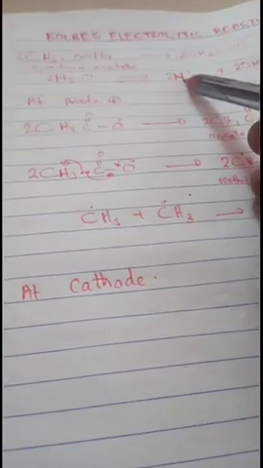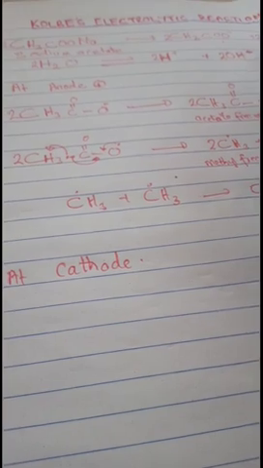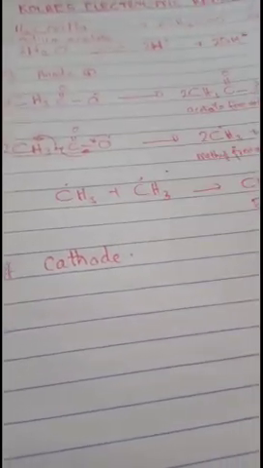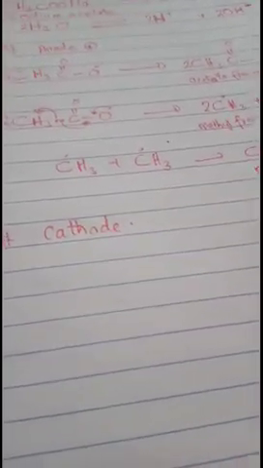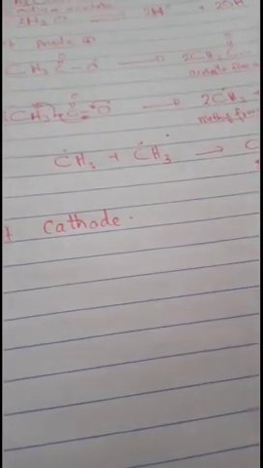Then at the cathode, hydrogen ion and sodium ion will migrate to the cathode, but hydrogen, being with the less electrode potential, will be discharged in preference to sodium.